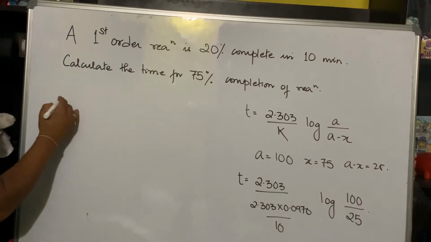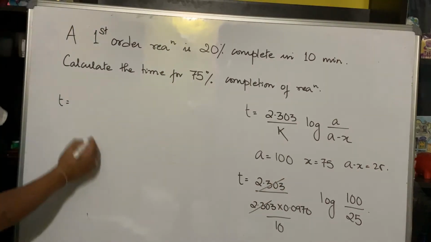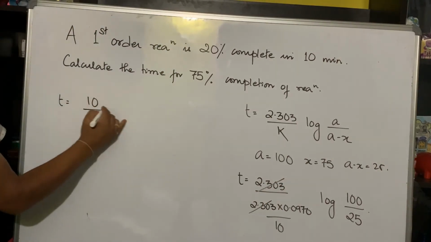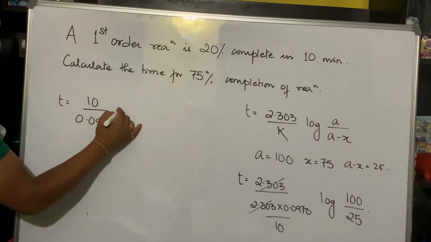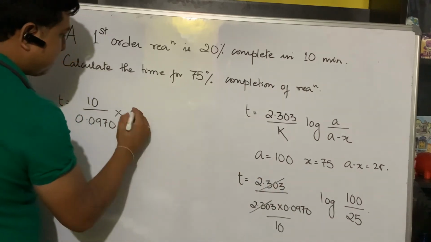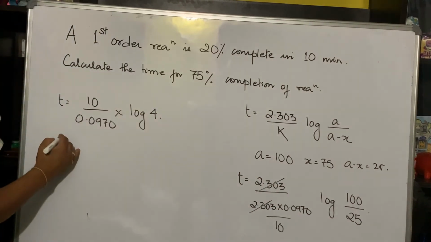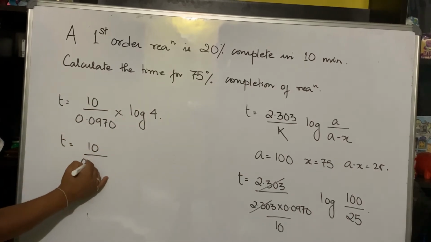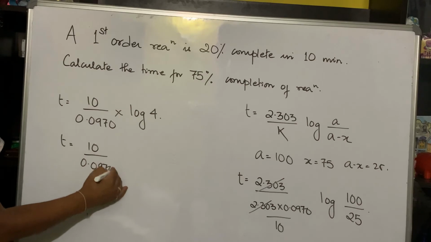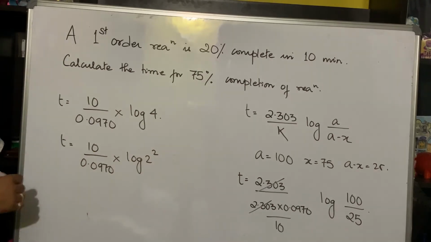So next again, simple maths. Therefore, T will be equal to these and these will get cancelled. So 10 divided by 0.0970 into what is log 100 by 25? It is log 4. So if you don't know the value of log 4, leave it. So log 4 I can express as log 2 to the power 2.